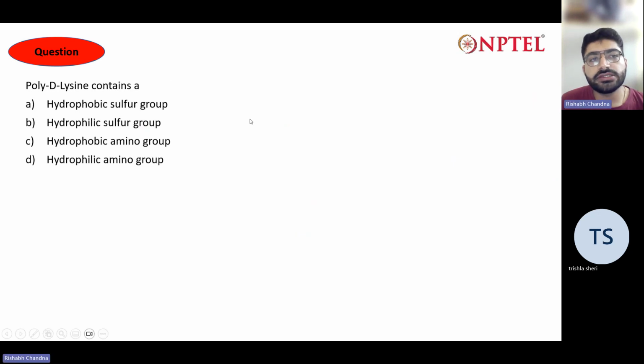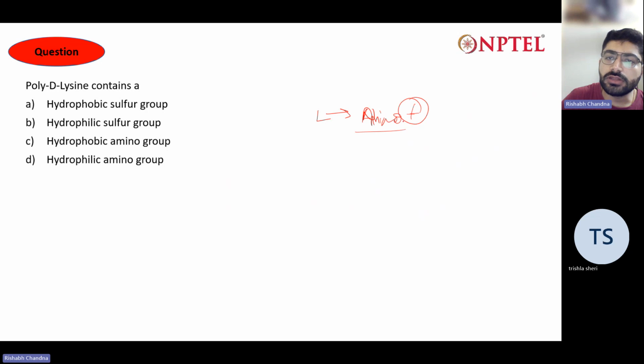Poly D lysine contains a hydrophobic sulfur group, hydrophilic sulfur group, hydrophobic amino group, or hydrophilic amino group. As I discussed previously, lysine has a side chain of amino terminal, and at pH 7, it will give a positive charge on the molecule.